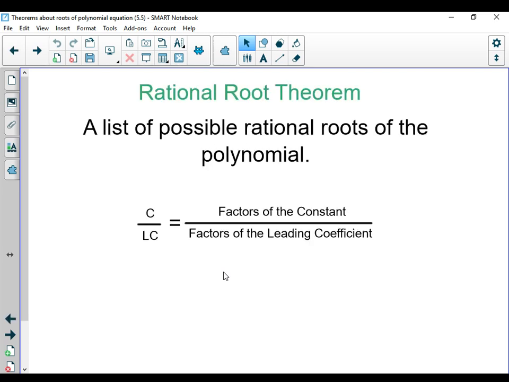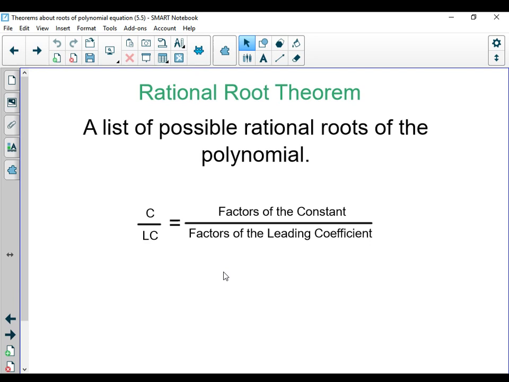Okay, so we have what's called the rational root theorem. This is the one that's in the curriculum as something you need to learn, but not necessarily use, which is silly. But after you see some of these examples worked out, you'll be thankful you don't have to use it, but you just have to learn it.